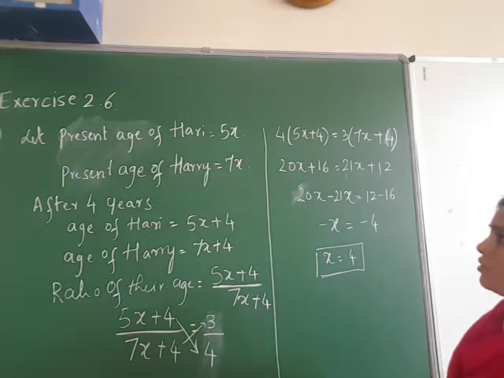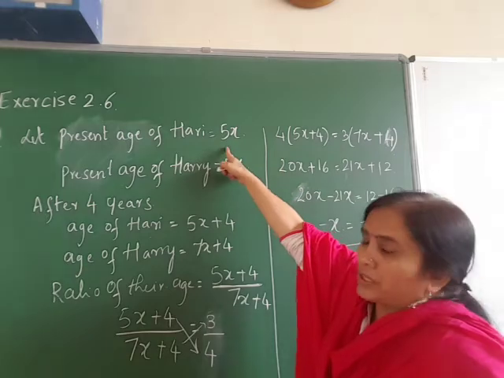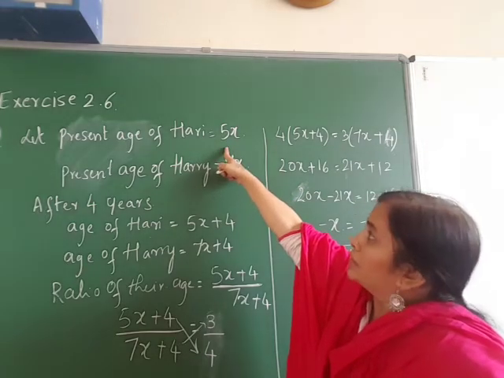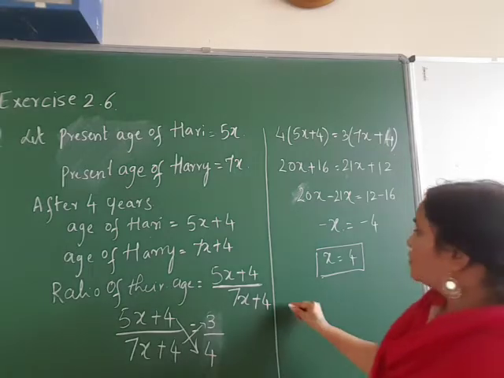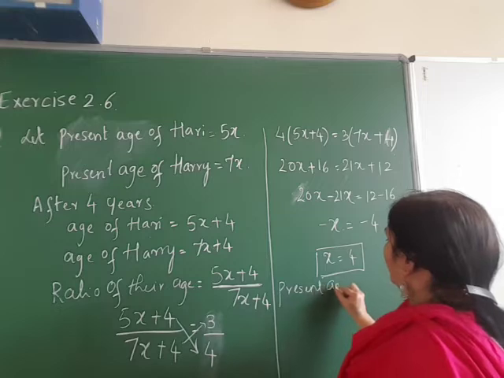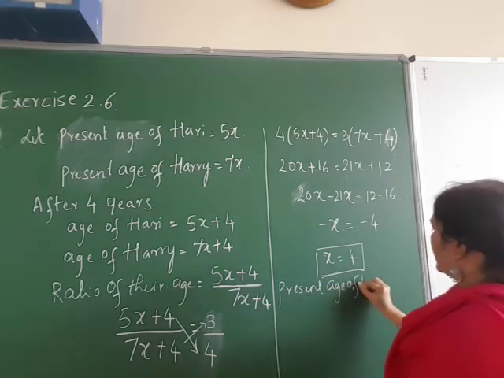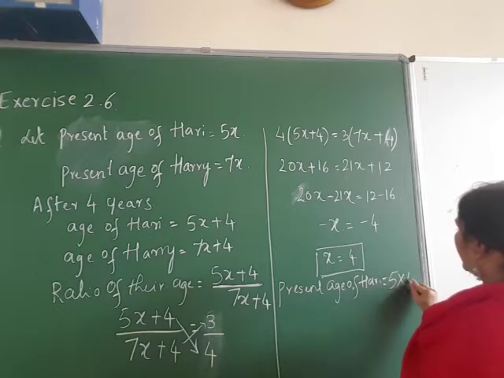Okay, we got x. So present age of Hari, how will it be? We have considered it as 5x and Harry's age as 7x. So present age of Hari is equal to 5 into x, that is 5 4s are 20 years.